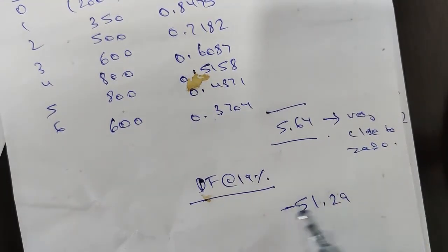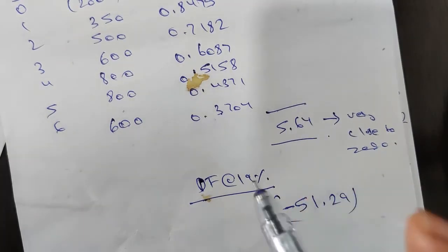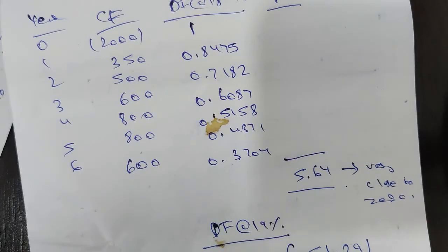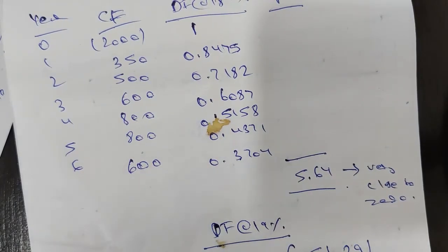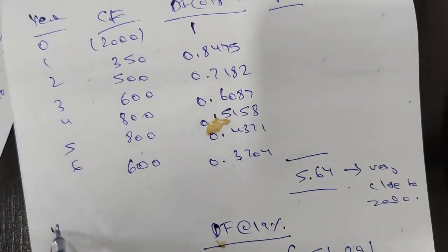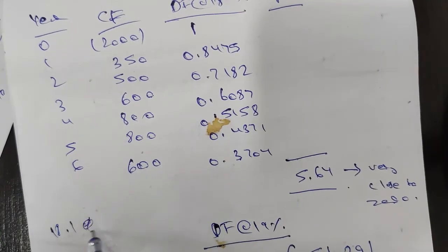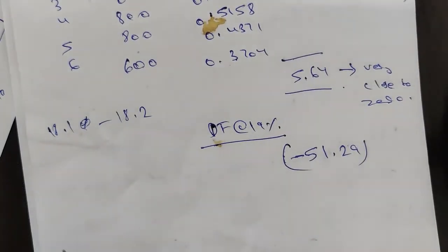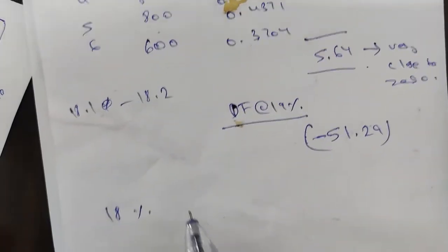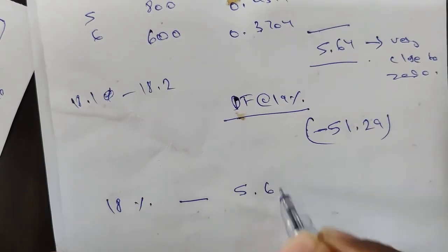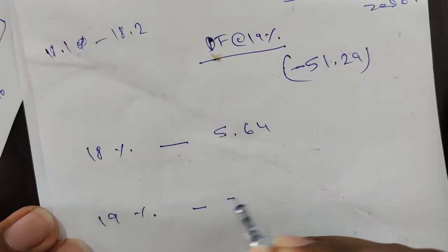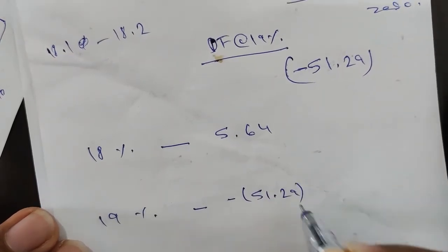Obviously we could have used, say, 18.1 or 18.2, because using a 1% difference makes it very wide, but it would have been computationally difficult. So okay, what are we telling? At 18% our NPV becomes 5.64. At 19%, your NPV becomes minus 51.29.